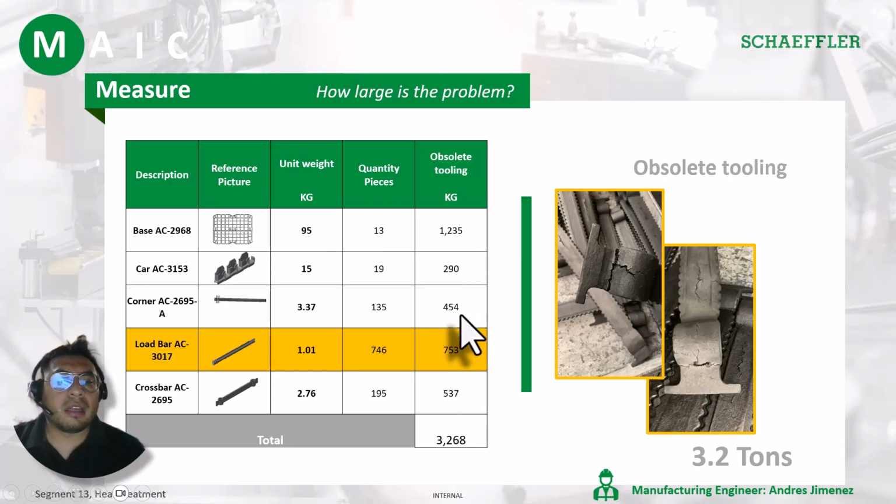At that moment, we had 3,268 tons. For that reason, we had to do a project. On the right side, you can find the meaning of damaged tooling, and this is a picture where you can see cracks in the tooling, and for the process, this tooling is obsolete.